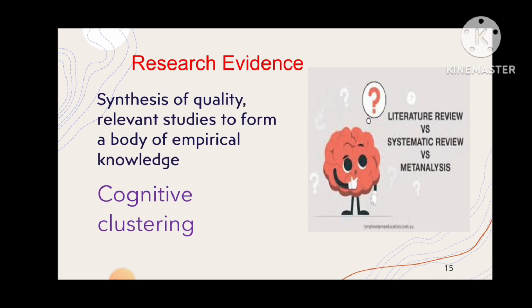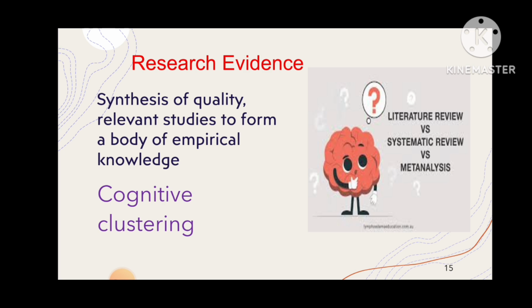So what do you mean by this research evidence? How do you get this research evidence? Research evidence is nothing but a synthesis of research findings. This is done to determine the evidence for practice. This synthesis of quality relevant studies is done to form a body of empirical knowledge by a process called cognitive clustering.